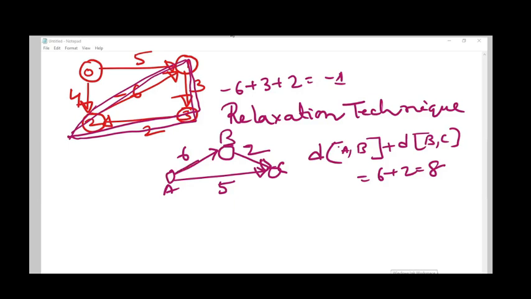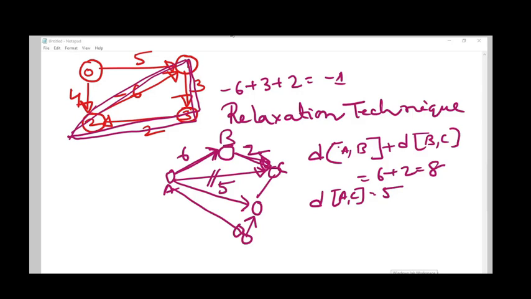Let's say that at first attempt it finds this path, but then it suddenly encounters this path, the distance AC, which is equal to 5.